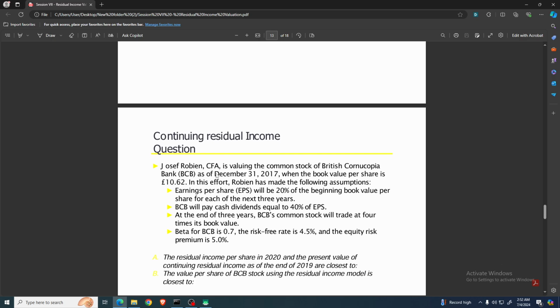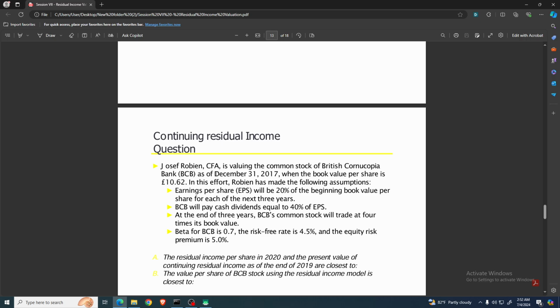So we have another example. In this case, Joseph Robien, CFA, is valuing the common stock of British Cornucopia Bank as of 31st December 2017, when the book value per share is £10.62. And in this effort, Robien has made the following assumptions.